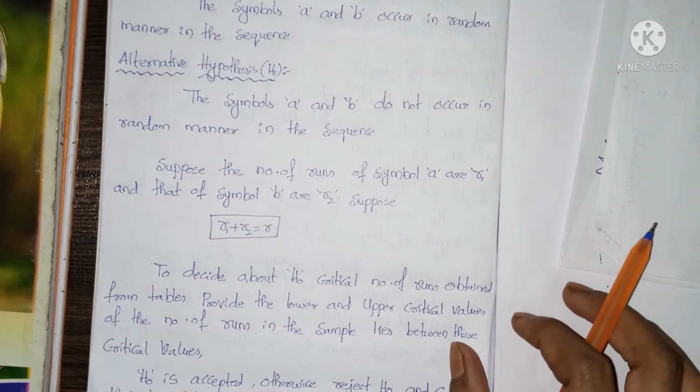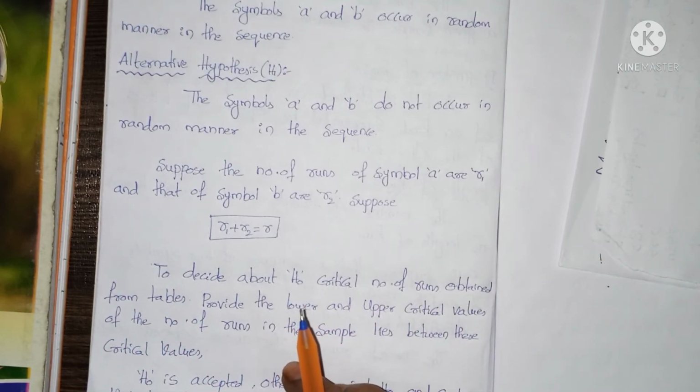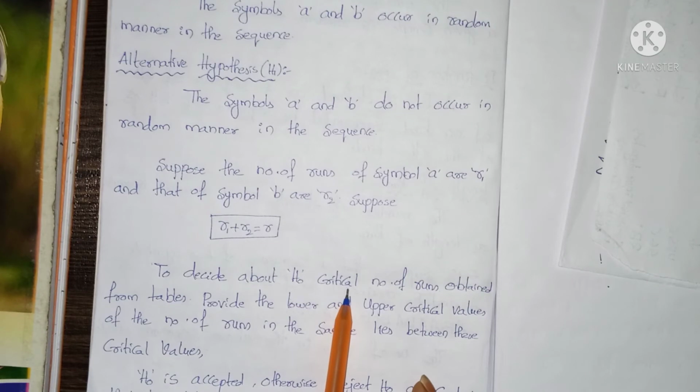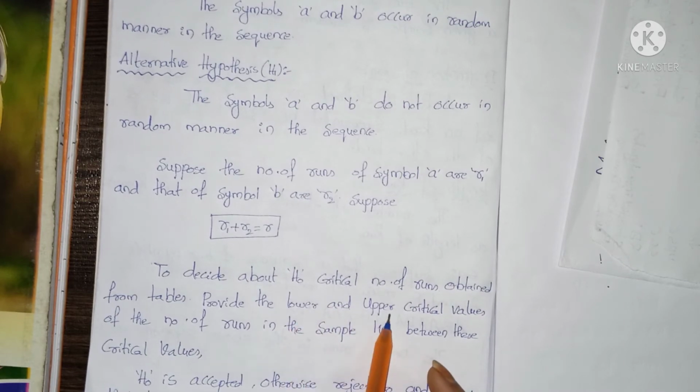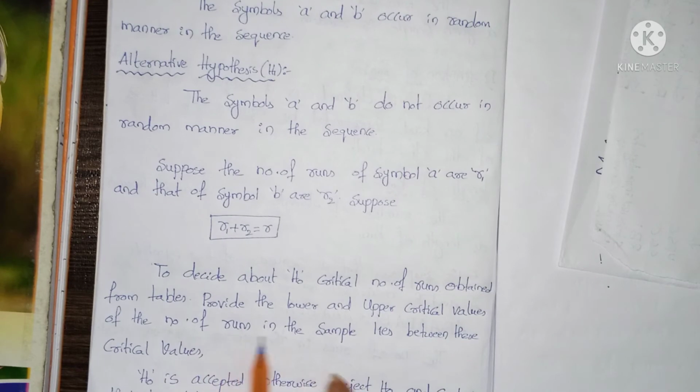In order to decide the conclusion, whether to accept or reject the null hypothesis, we have to take the critical values, which are nothing but table values. In the table we have to see the lower critical value and upper critical value, and check whether the number of runs in the sample lies between these critical values.